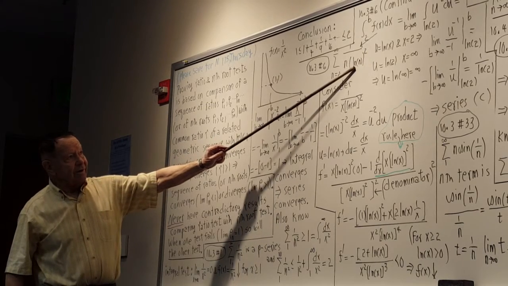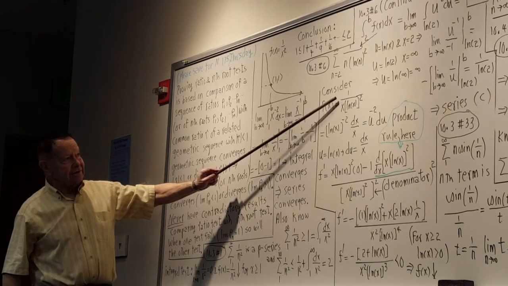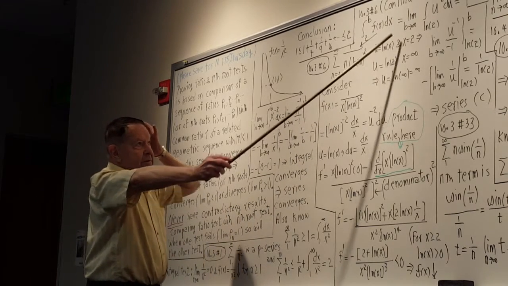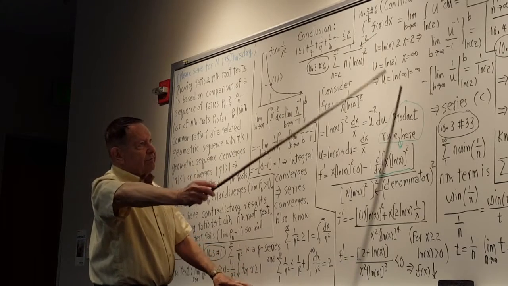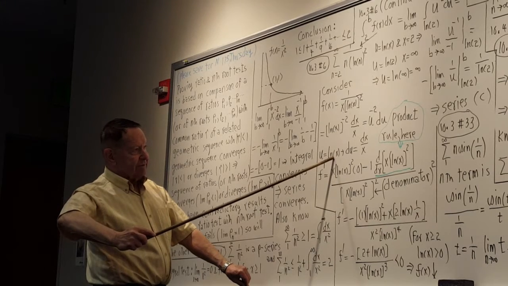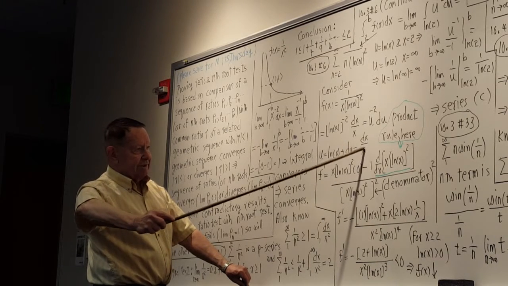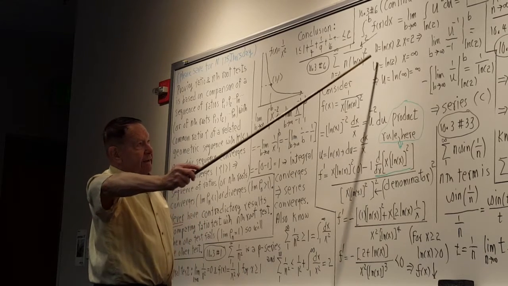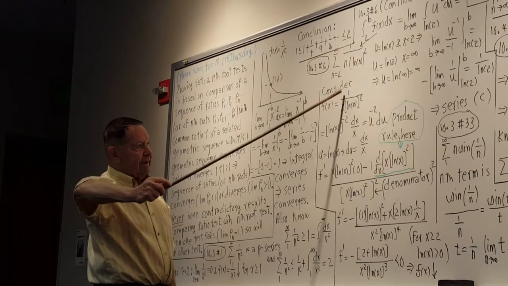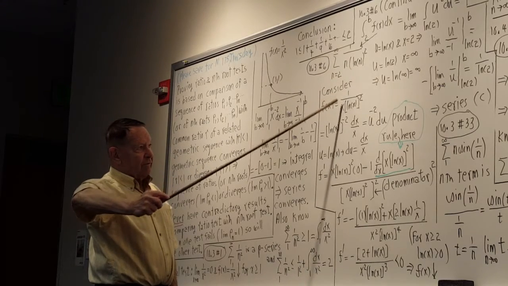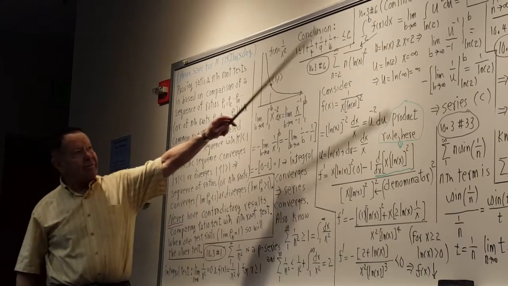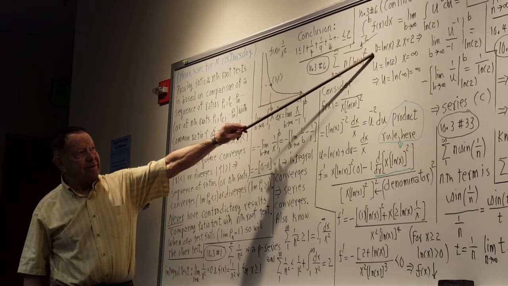So if u is log x, so you're going to integrate this thing, then your du is 1 over x, which I have here. U is log x, then du is dx over x, and then if you're doing the integral from 2 to infinity of 1 over x log square, you, as a definite integral, you want to change your limits to limits on u.